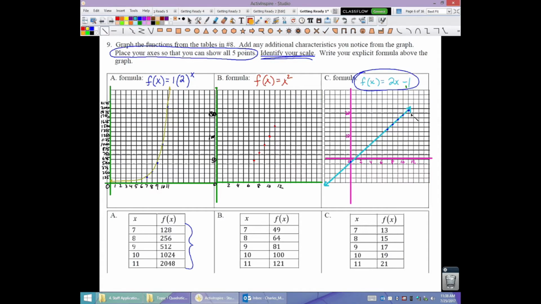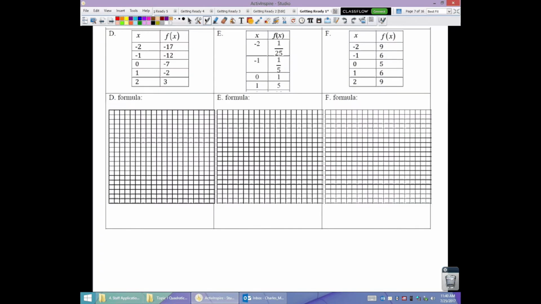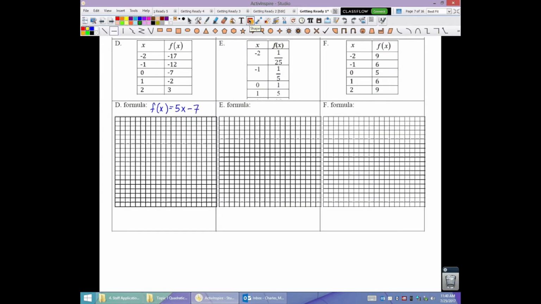All right, and we'll do it all over again for D, E, and F. Part D is going to be our linear one from this row of functions. And our formula was f of x equals 5x minus 7. Now, I'm not saying it's worth your time to plan this out and make the scale the same as I'm going to, but since my y values go from -17 to 3, that's a span of 20.